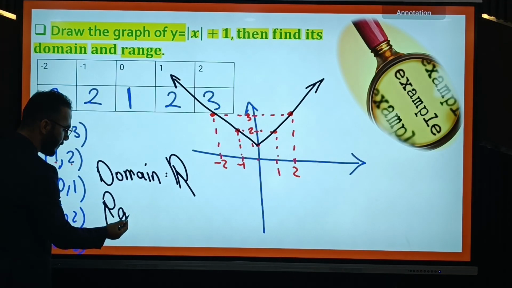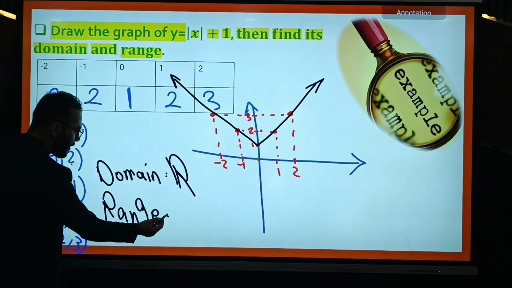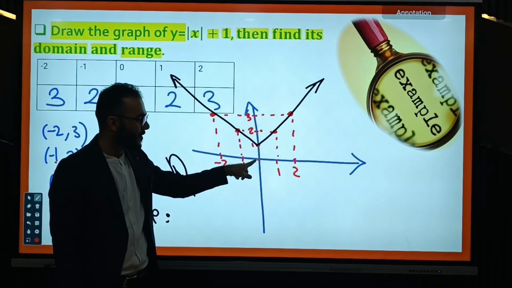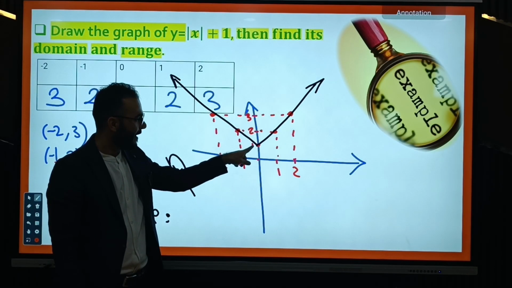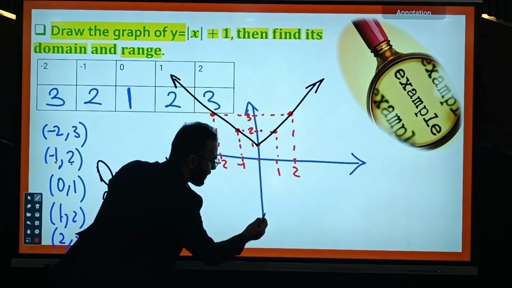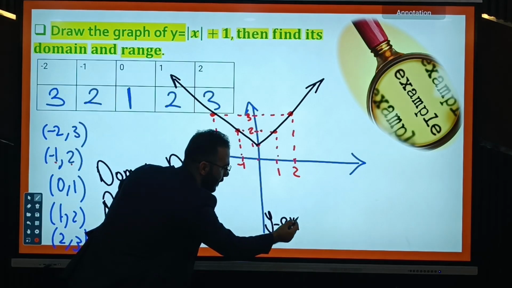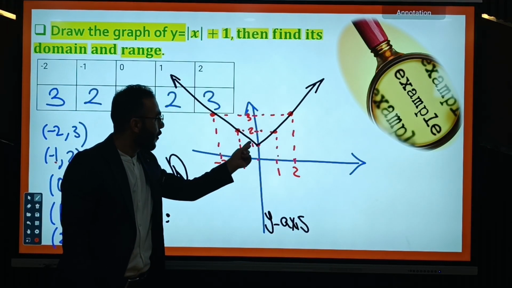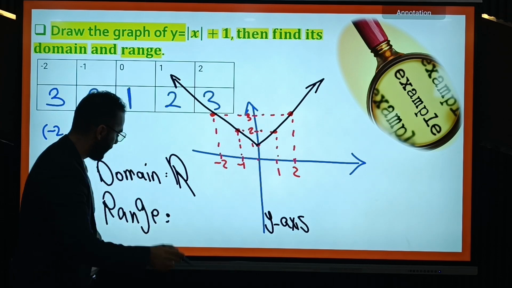How about the range? You need to be careful about the range. The lowest point is what? This time it's not 0. Be careful. The lowest point is on the y-axis. Look, this is the y-axis, by the way. On the y-axis, the lowest point is what? 1.